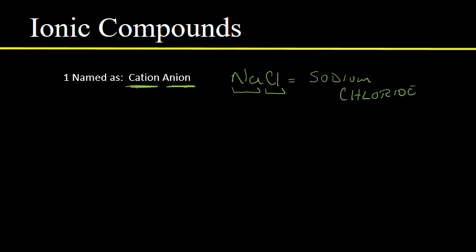And so the name of that compound is just sodium chloride. You name the cation, and then you name the anion. Right? So that's why we've been working independently on learning how to name cations and anions.